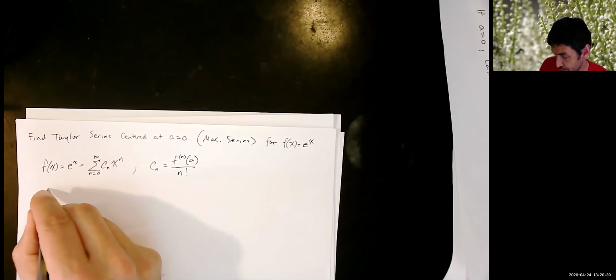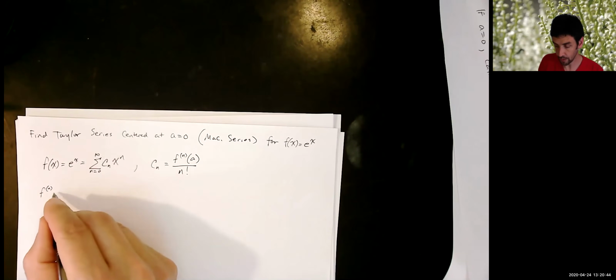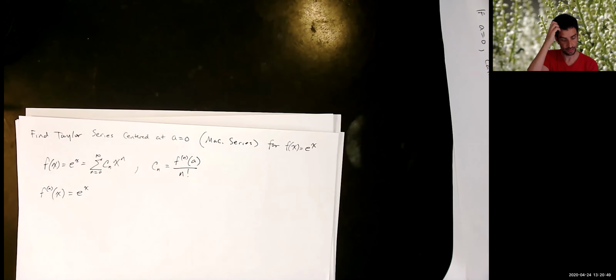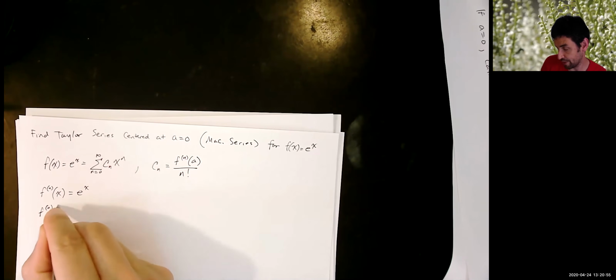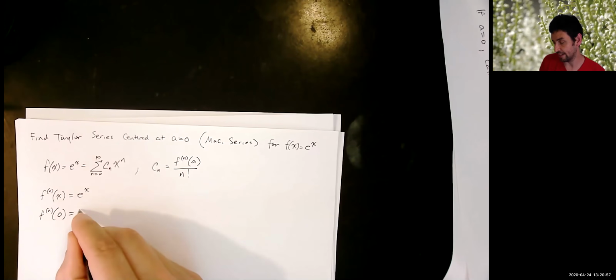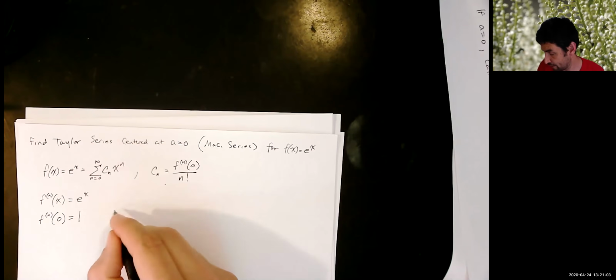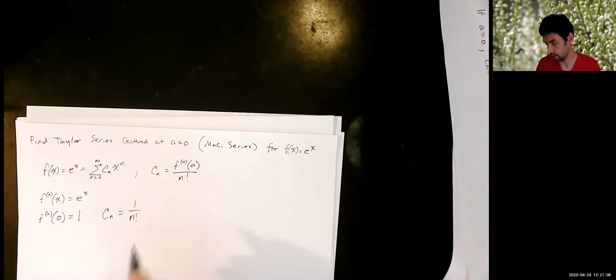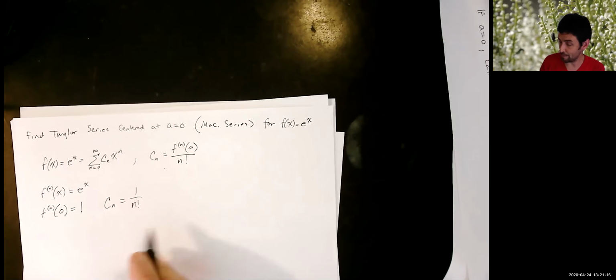No matter which derivative we're talking about, the nth derivative of e to the x is equal to e to the x, right? Which means the nth derivative at 0 is e to the 0 or 1. What does that mean for this? That means that our constants are 1 over n factorial.